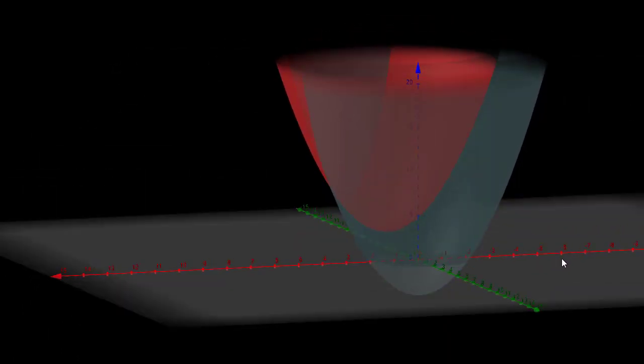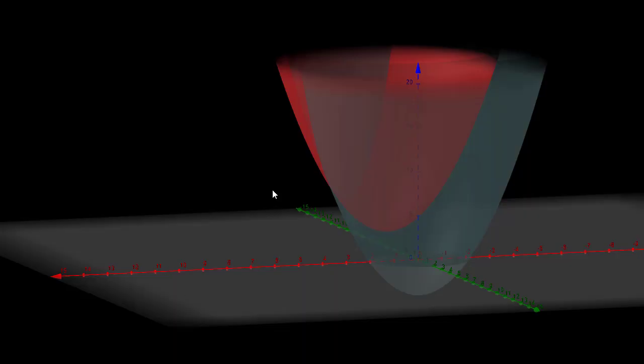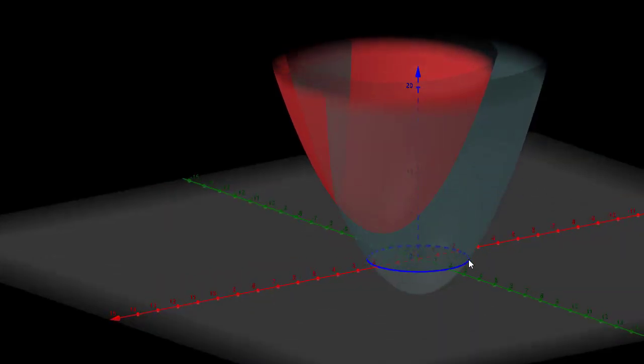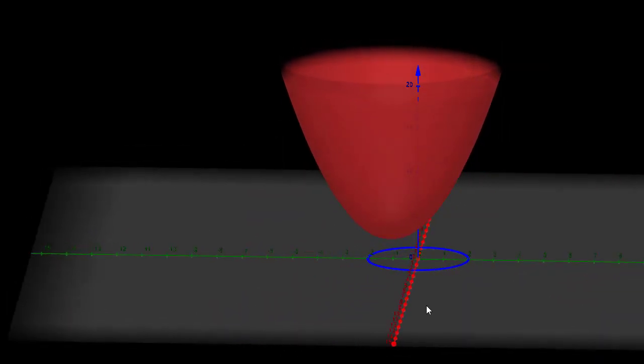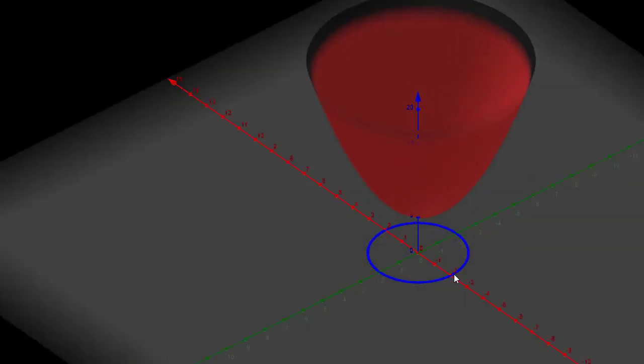This is g, that's just z equals g of x comma y. However, when we set it equal to 0, what we get is simply what's going on in the xy plane, which is this circle. So we can forget about this for a second, and we have this circle. So this is our constraint curve.